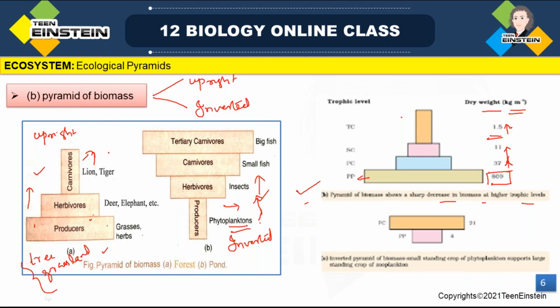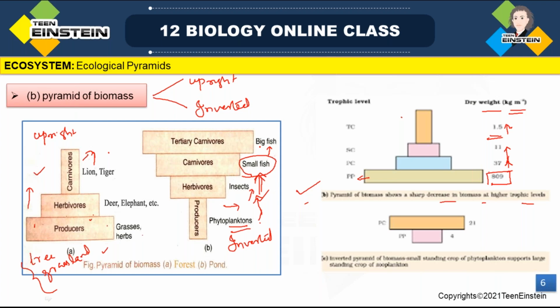Phytoplanktons are very small, and the number may be more, but the biomass is very less. When it is moving to the insect level, their biomass is increasing. Then this is consumed by small fishes, and the biomass is increasing, but so many small fishes are eaten by a big fish. Their number will be less, but the biomass will be more.